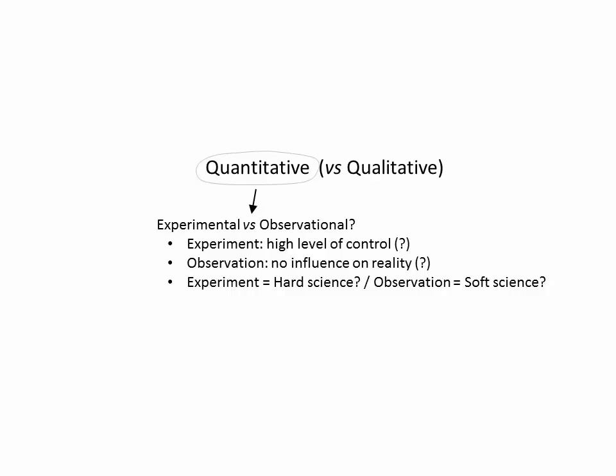That when you experiment, there is a high level of control. When you observe, there is no influence on reality. And there is some kind of cultural bias when considering experiment and observation. Experimental designs are supposed to be aristocratic, good science, hard science. And when you observe, this is some kind of second level science.